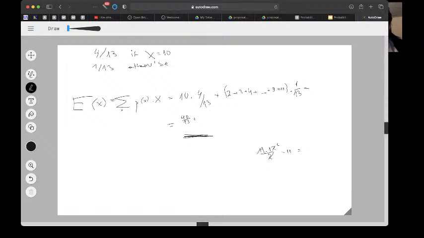Oh yeah, of course, this is 55. So this is 10 plus 1. You put the 1 here, so you have the sum of 1 to 10, which is 55. 55 times 13. I should pick some examples with prettier numbers. 95 divided by 13. So that's the expected score that we are going to get from drawing a card.